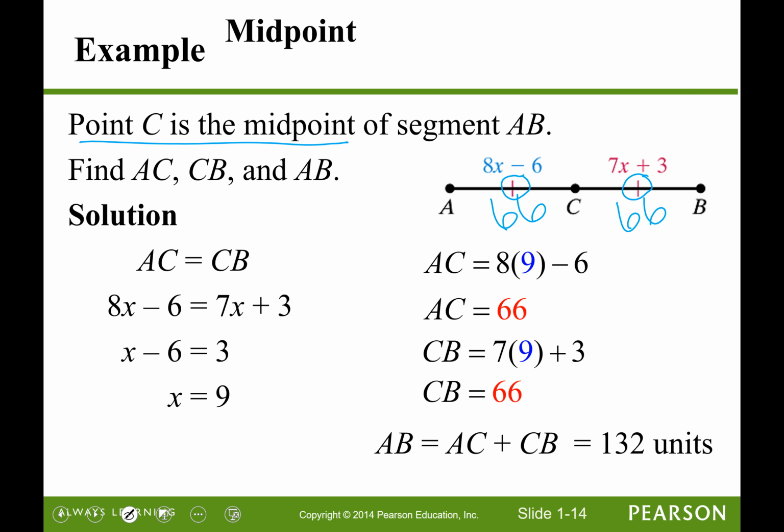And if we take our 66 plus another 66 units, we have the entire length of AB. Now this is using the segment addition postulate right there, and we end up with a segment that is 132 linear units.